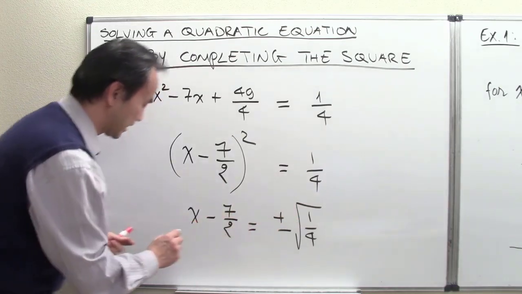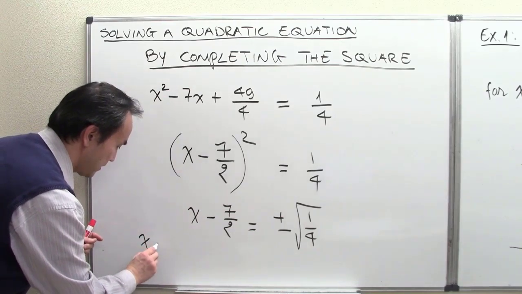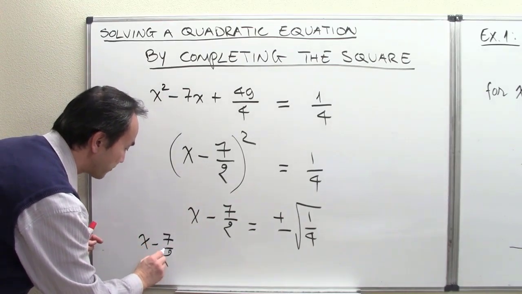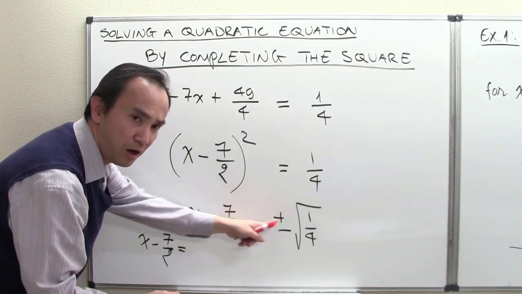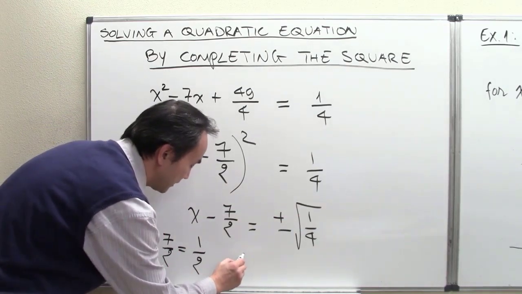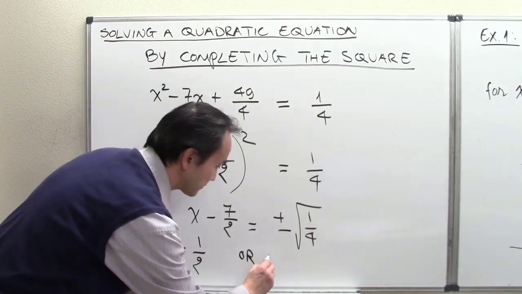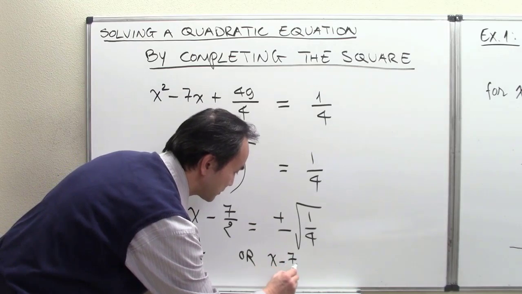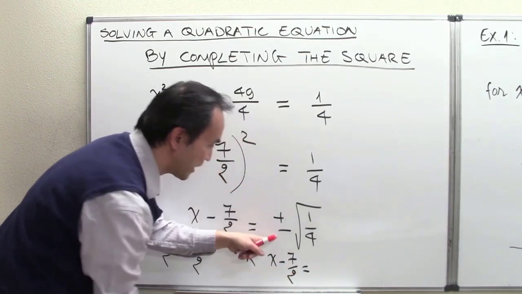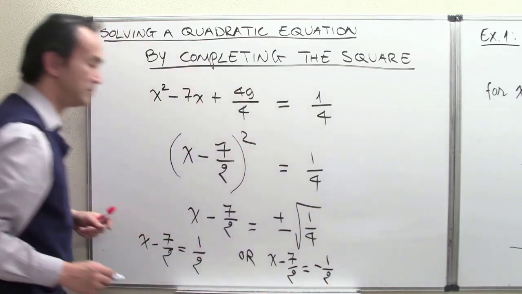So now we're looking at really two equations. On one hand, x minus 7/2 equals the positive square root of 1/4, which is 1/2. Or, on the other hand, x minus 7/2 equals the negative square root of 1/4, which is negative 1/2.